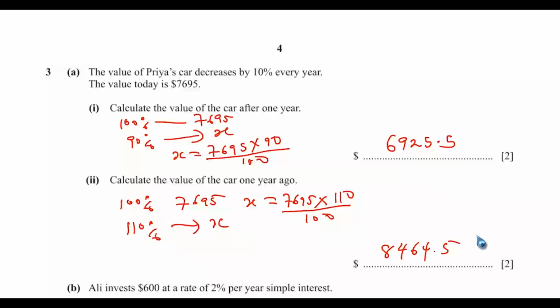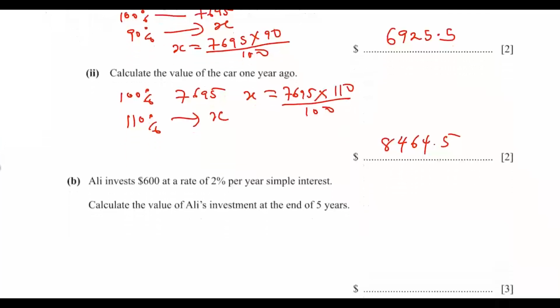Alternatively, you can firstly get the amount of the depreciation, that is 10 out of 100 multiplied by 7,695. That will give you the amount of depreciation which we did earlier. Then you add it to this value and it will still give you $8,464.5.